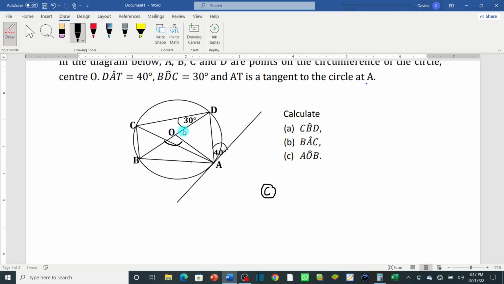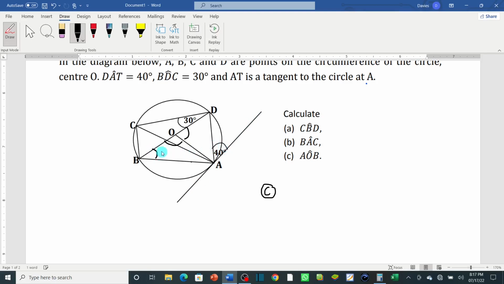So now, can I know this angle? Yes, because we have been told, what have we been told first? Wait a minute. So again, when you have a tangent like this one, this angle here, which is 40, is also equal to this angle here.